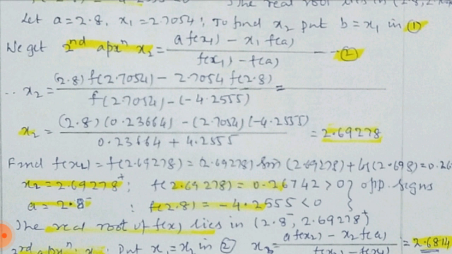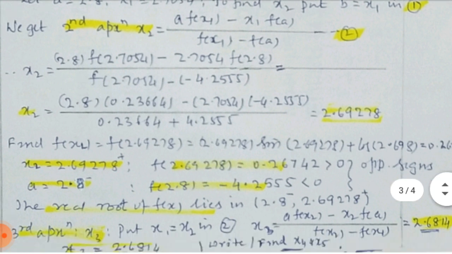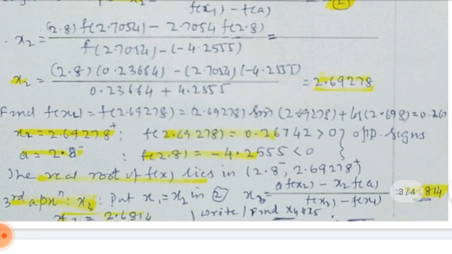Therefore, for the third approximation, we put x1 is equal to x2 in equation 2, we get x3 is equal to a into f of x2 minus x2 into f of a divided by f of x2 minus f of a. Substitute a, x2, and simplify f of x2, f of a.